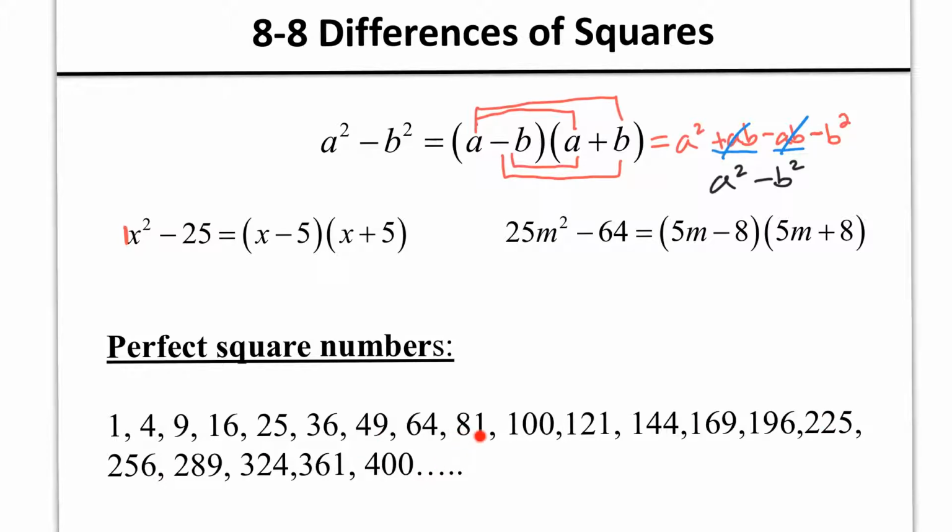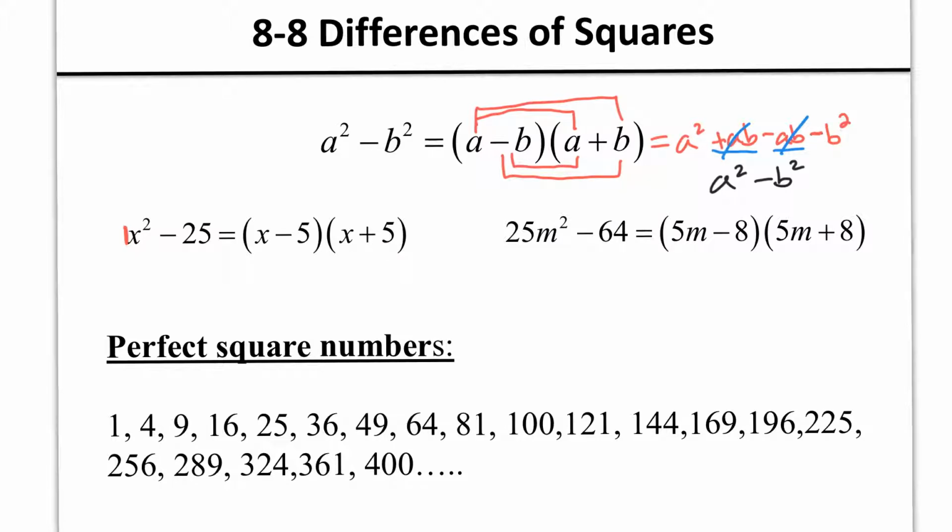Just look for those specific numbers, and if you have a calculator, you can use it to find the square root. But in order to be a difference of squares, there are two things you have to look for. Number one, you must have a difference, a minus in the middle. Number two, you must have perfect square terms. So this term and this one here have to be perfect square numbers.